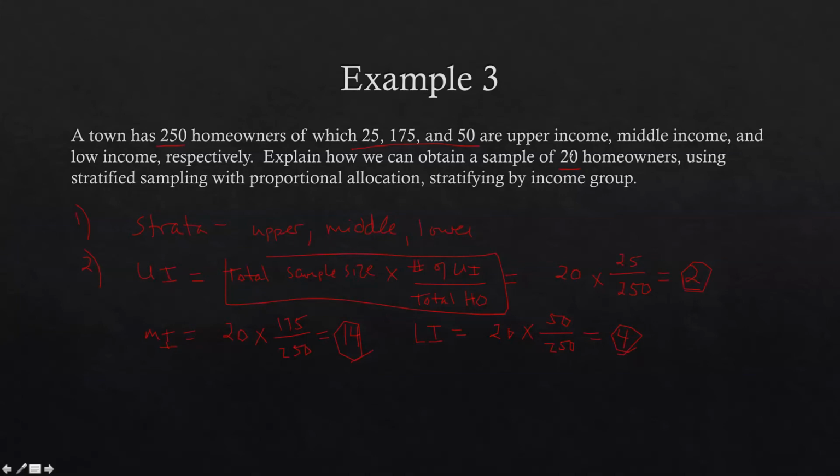Now, how you would get those 2, 14, and 4: we would look at the upper income and use simple random sampling to get it. We would look at the middle income and use simple random sampling to get those 14. We would look at the lower income and use simple random sampling to get those 4. Any way you want it, whether it be putting them all in a hat, a random number table, or a random number generator.